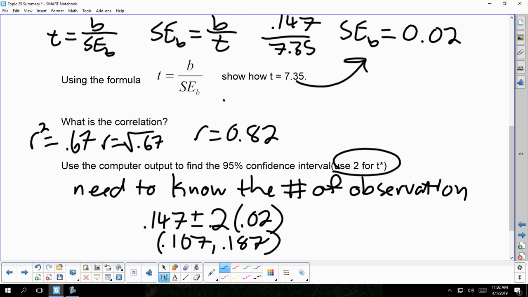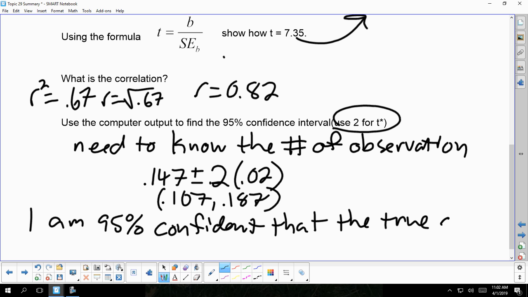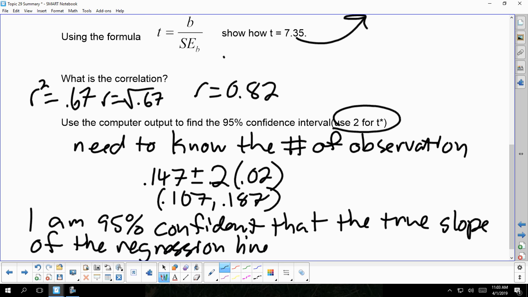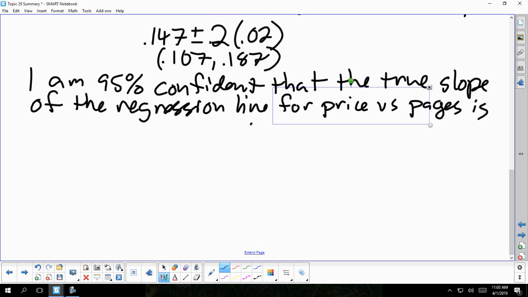If I want to interpret that, I am 95% confident that the true slope of the regression line for price versus pages is between 0.107 and 0.187.